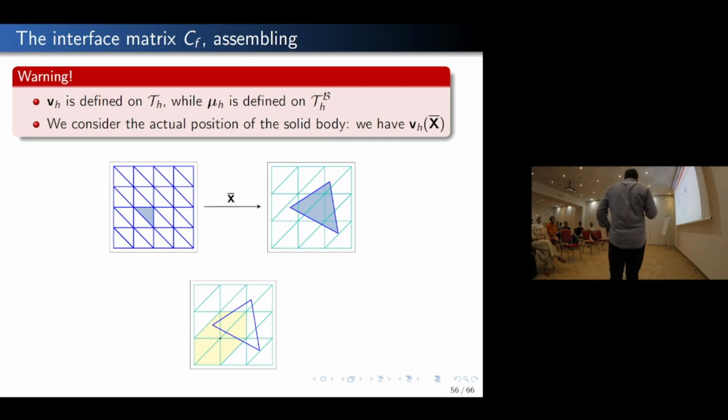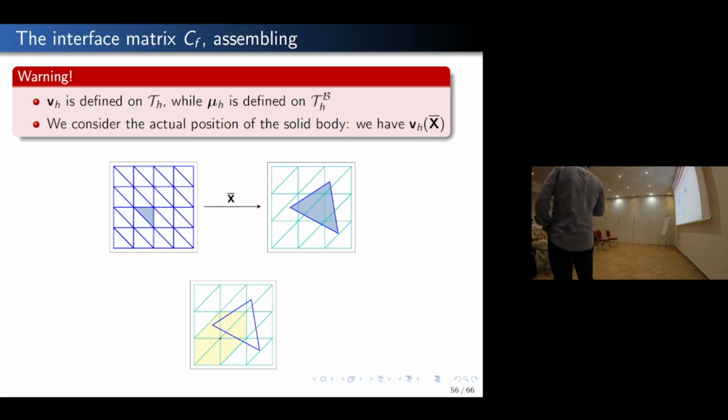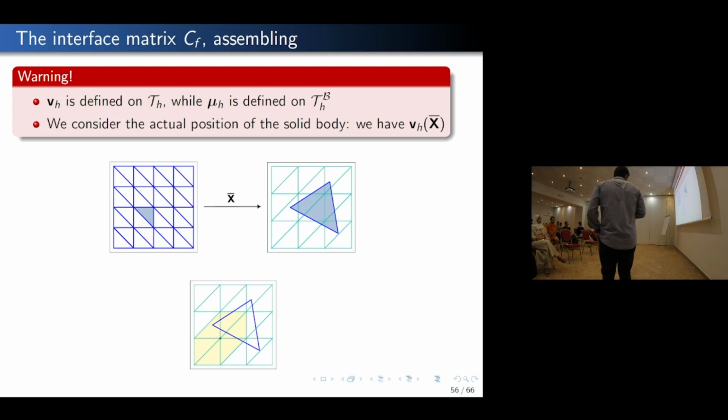In particular, we also have this problem. In yellow, I indicated the support of the finite element basis function related to this point. We can see that the support doesn't match with the solid element. Usually in a single element the basis functions are, for example, linear.